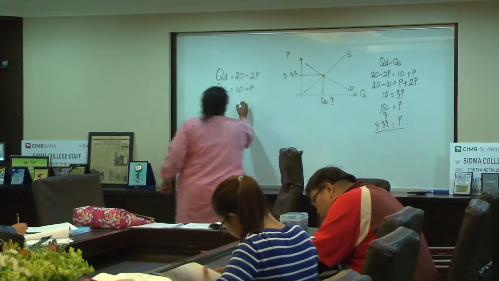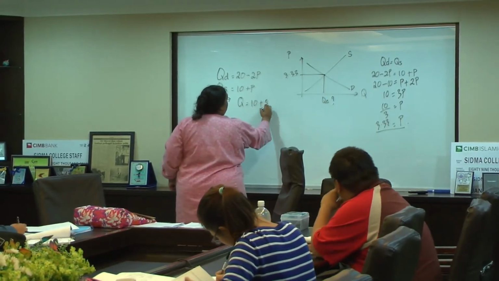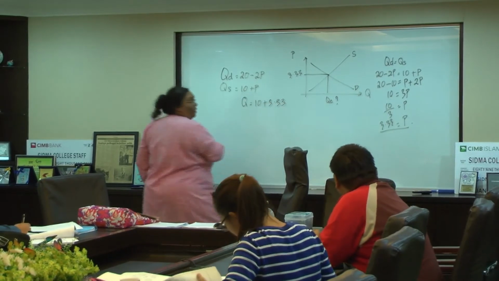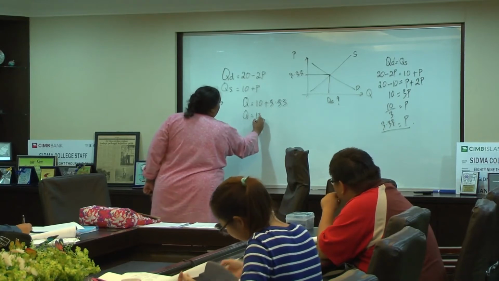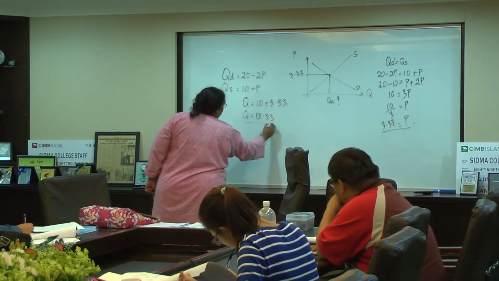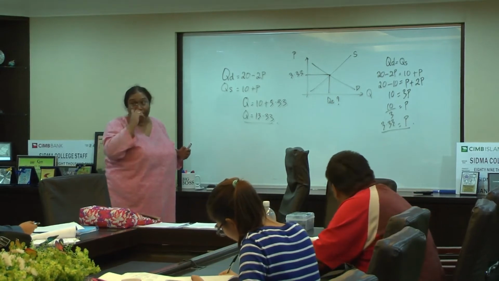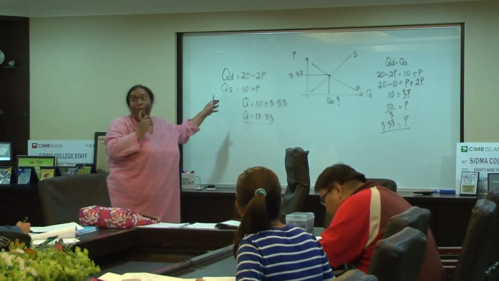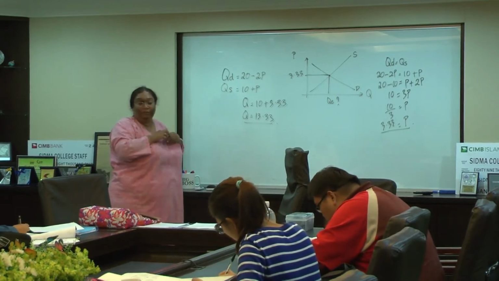Q equals 10 plus P, which is 3.33. So the equilibrium quantity is 13.33. So your lecturer can give you a question either using a graph like we did last week, or do maths and give the equilibrium price and the equilibrium quantity.